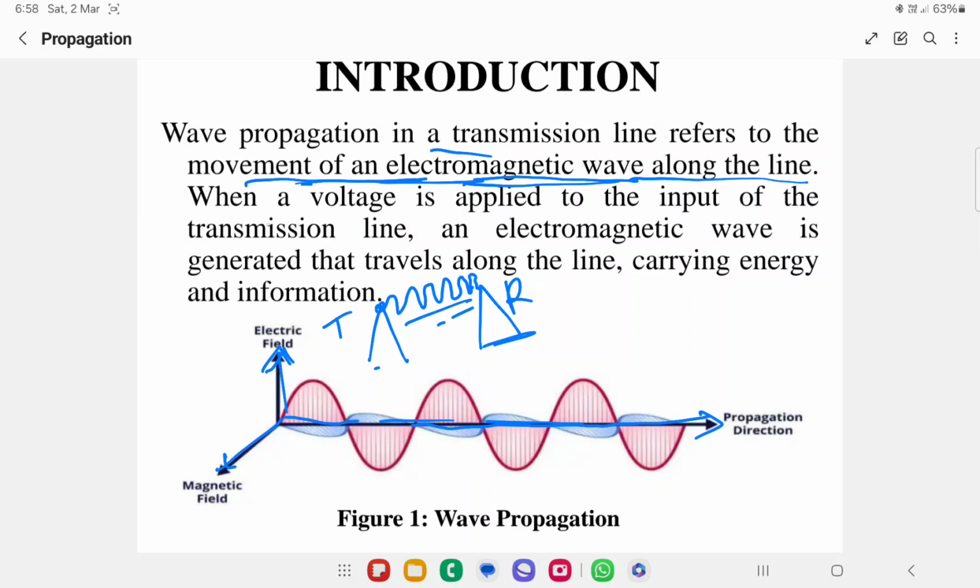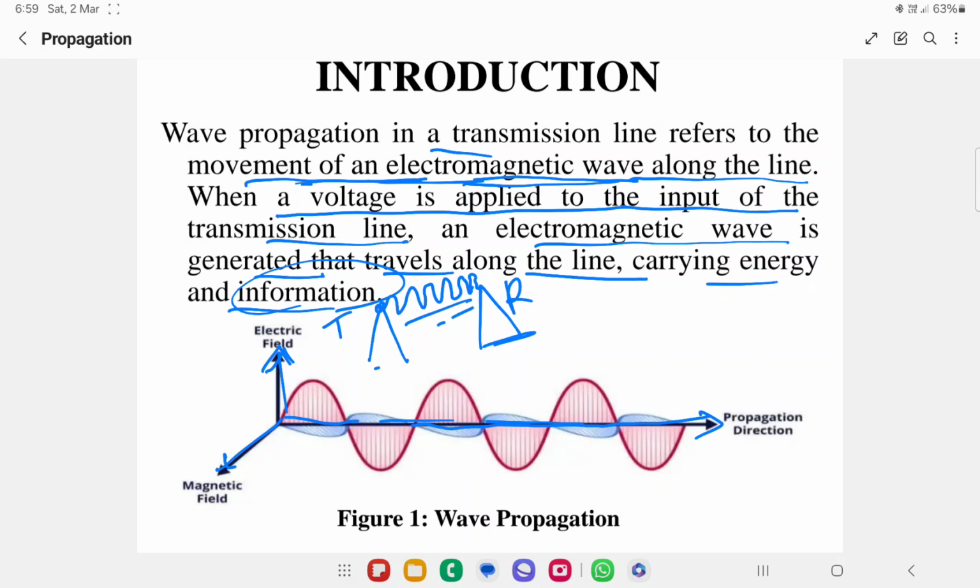When a voltage is applied to the input of the transmission line, an electromagnetic wave is generated that travels along the line, carrying energy and information. In data communication and networking, the data we want to communicate needs to be carried by something and travel, and then reach the receiver end.